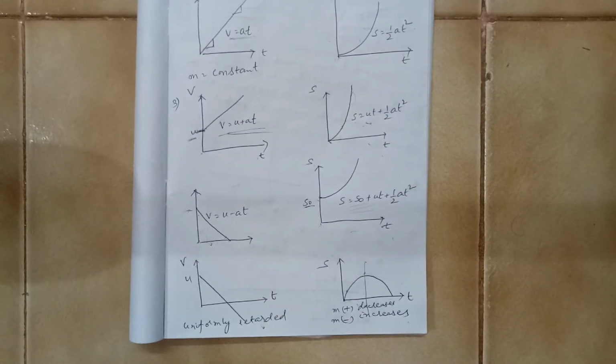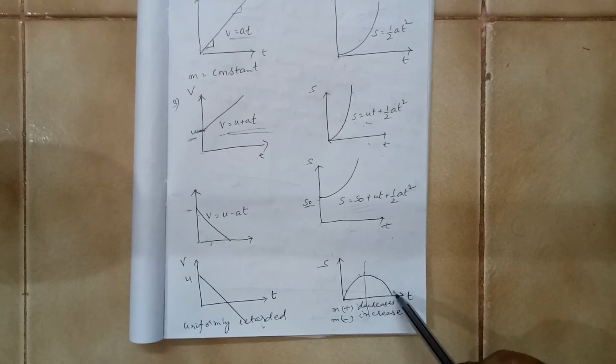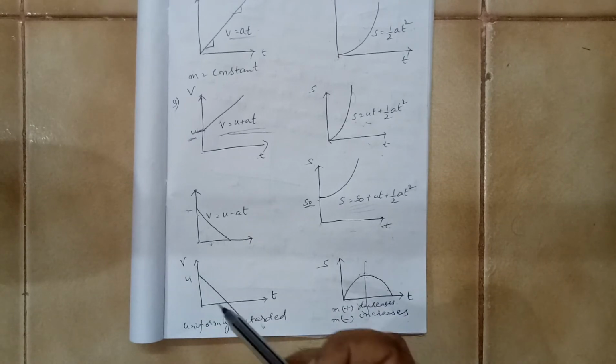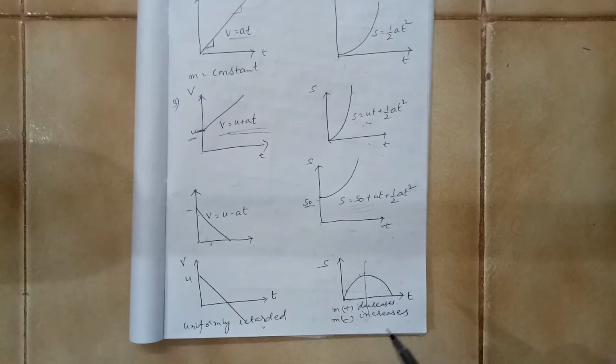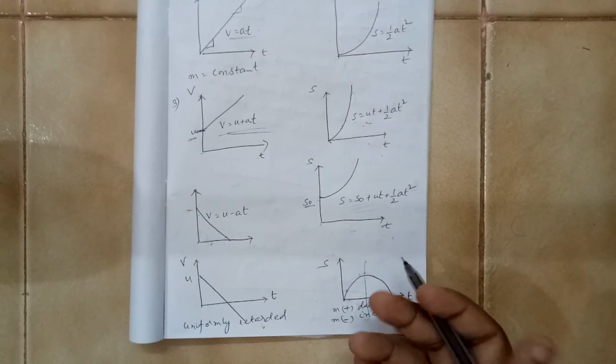Okay. So you see here, in the positive side, the slope is gradually decreasing, but here slope is increasing, even though it is in the negative direction. So when you draw the tangents, you will know pretty well where it is increasing and where it is decreasing. Basically, it is the tangent value.